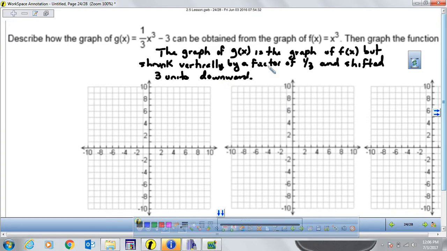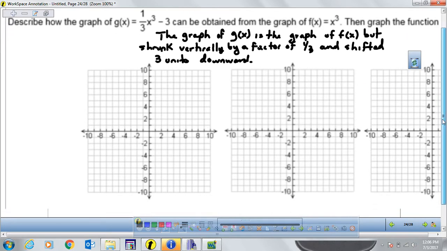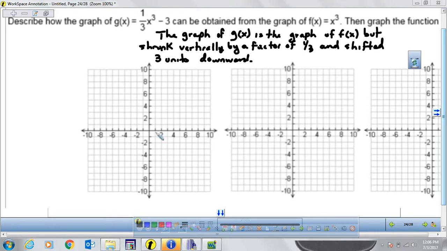That's what's actually going to happen if we graph this function. It's going to shrink vertically by that factor of 1/3, and then the -3 tells you that it's going to be shifted 3 units downward. So let's go ahead and graph the transformations.